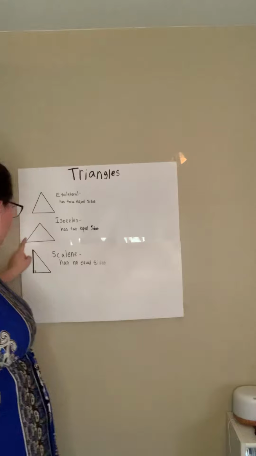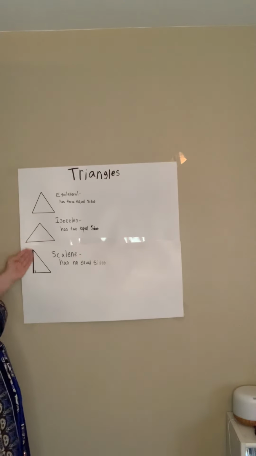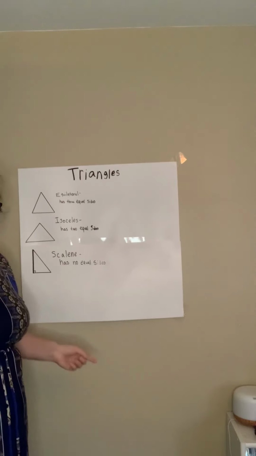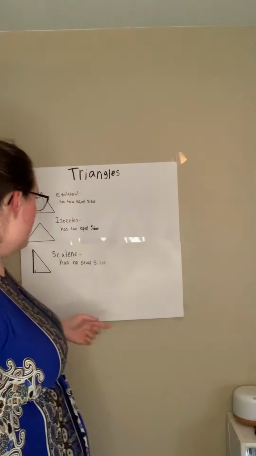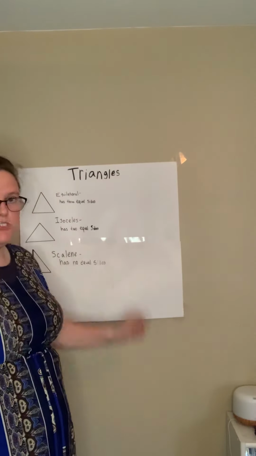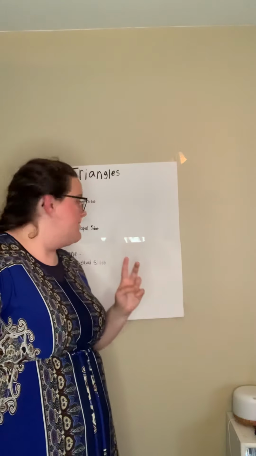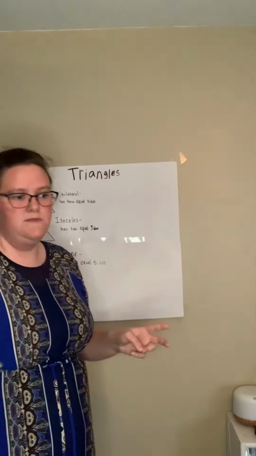Just to point out, on the one that I drew here, these 2 sides are the same. This bottom one is just a little bit longer. That's why we call it an isosceles triangle, because they only have 2 equal sides.